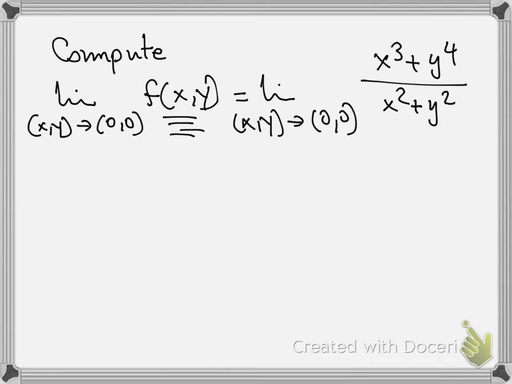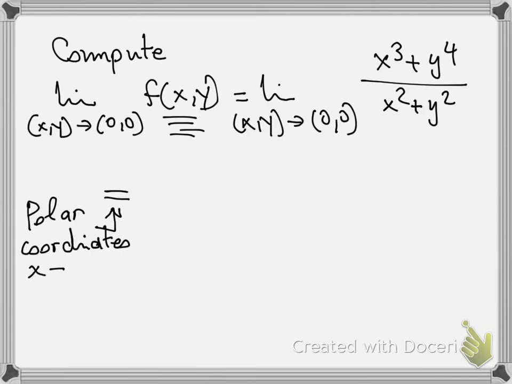So I need to compute this limit, and as I said, the best way to compute this kind of limit is to use polar coordinates. So x is r cosine theta and y is r sine theta. When (x, y) approaches the origin, it means that the radius r goes to 0.